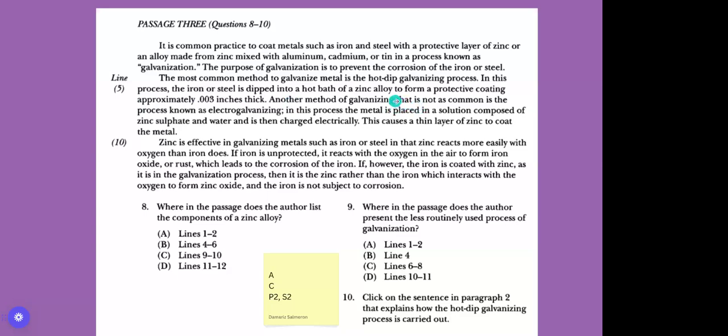That means that is not routinely used, not as common. And finally, click on the sentence in paragraph 2 that explains how the process is carried out. Paragraph 2, sentence 2. And we have it here. Okay.